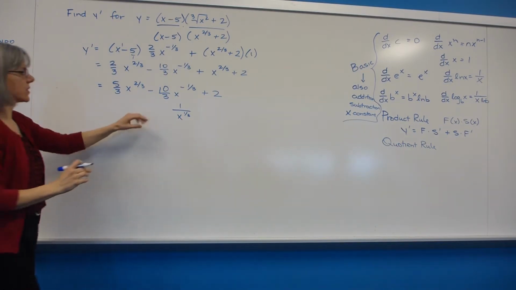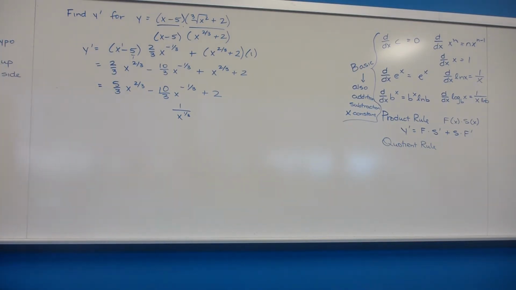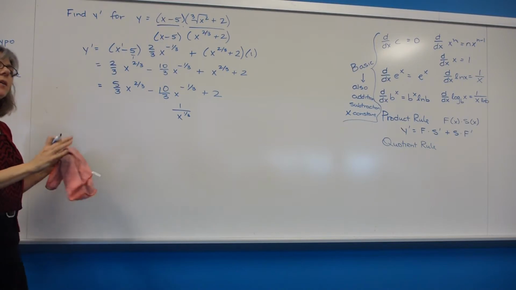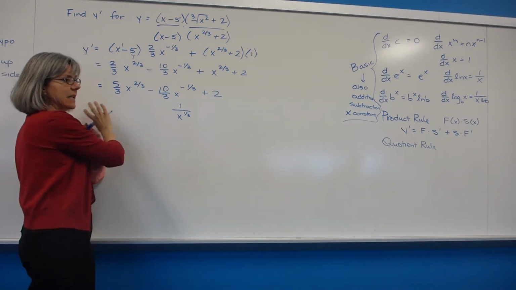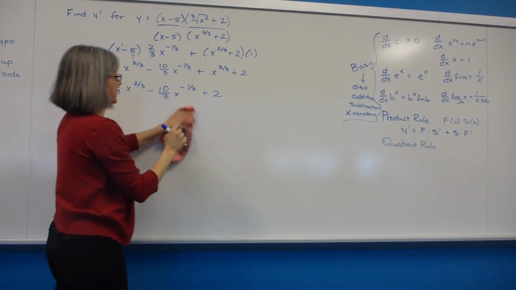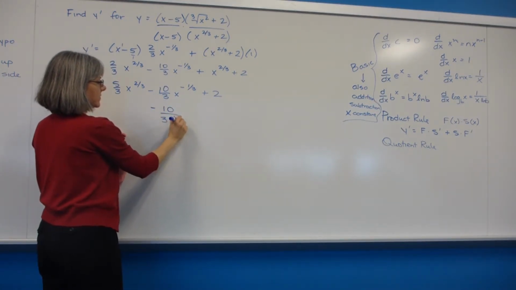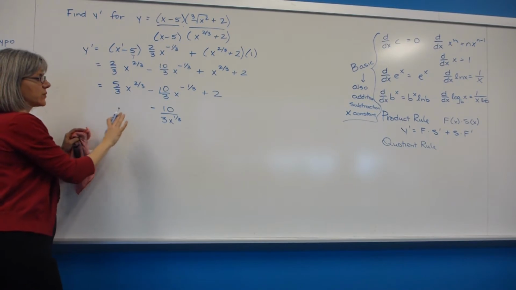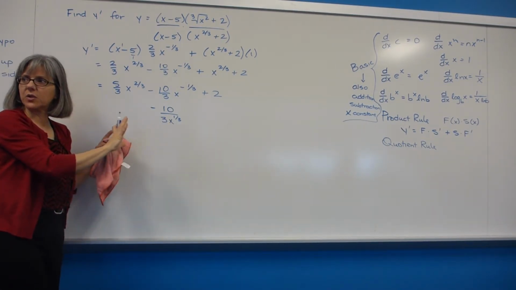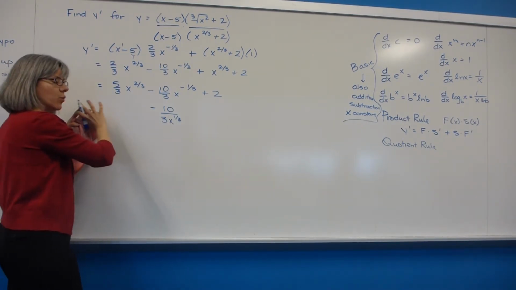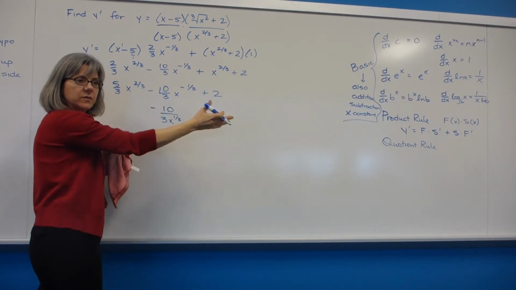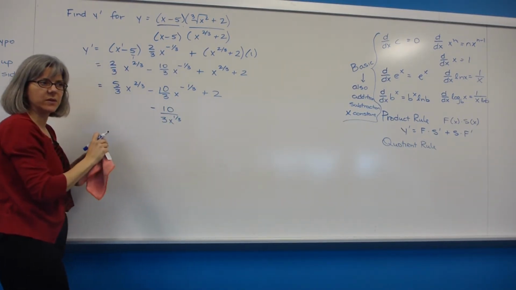If I wanted to set this equal to 0, I really need to get it, because this is really like this, right? Which means I've got a fraction. As soon as you have a denominator somewhere, you need to get one whole fraction equal to 0, or multiply both sides by x to the 1/3. We'll get back to that.